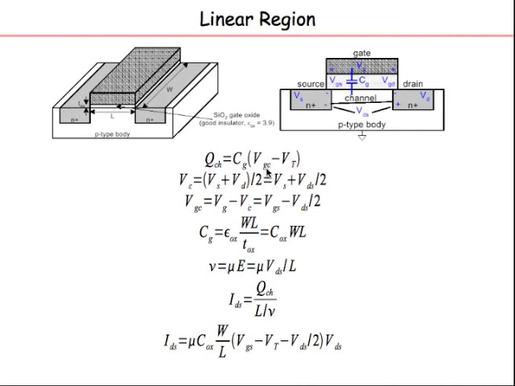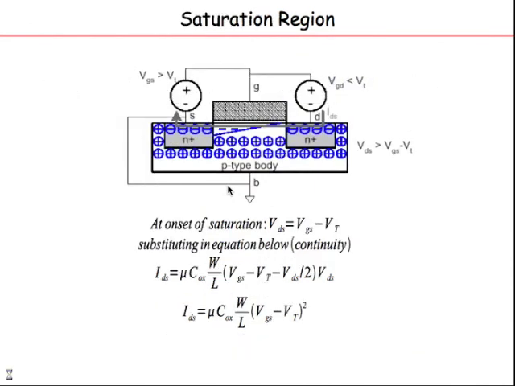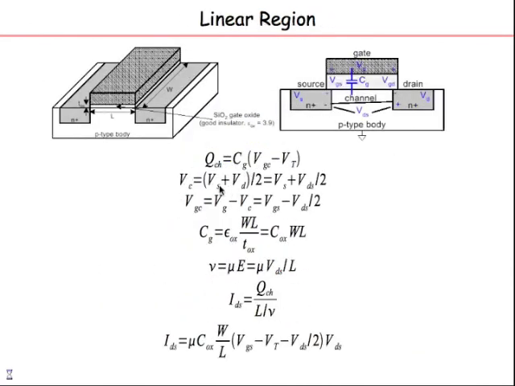Now we said VGC, so we are looking at all points across the channel. The potential across the channel is different, because on this side it is the source potential, whereas on the right side, it is the drain potential. So the channel potential is not constant. So I can basically use an average value, source to drain, Vs plus Vds by 2, which becomes the average channel potential.